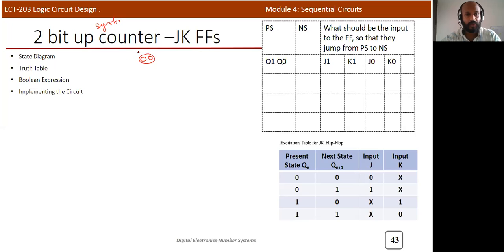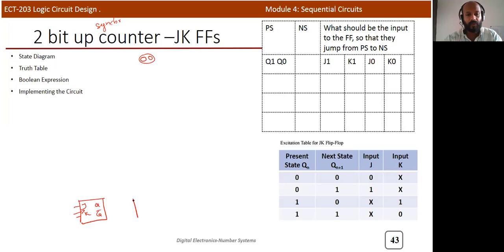For 2 bits we actually require 2 flip-flops. So we can consider 2 JK flip-flops. This is J and K, and we also require a clock signal, and outputs Q and Q bar.